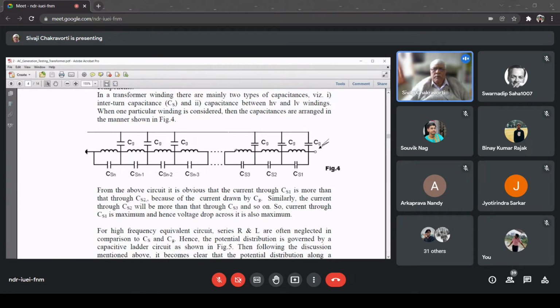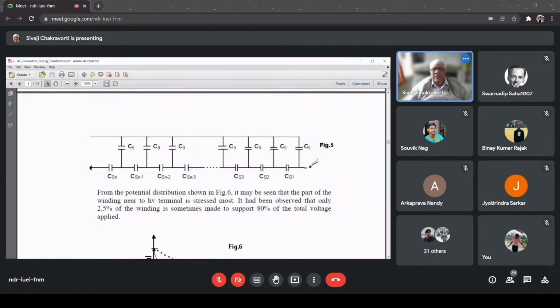Whereas omega L, where omega is 2 pi f, it is 1 megahertz, this becomes very high, that series reactive impedance. So the current no longer flows through the inductance, it flows through the capacitance. So for high frequency, the equivalent circuit gets completely changed and it will look like this.